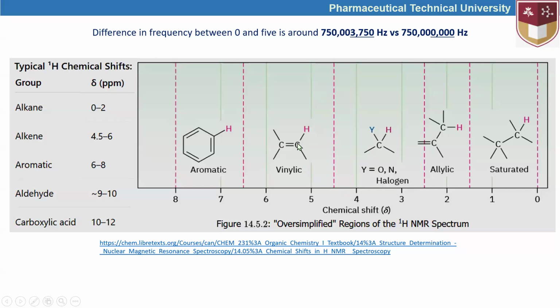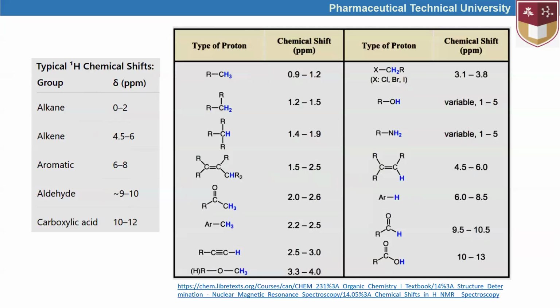Okay, the hydrogen that belongs to a vinylic functional group is located between 5 and 6. In aromatic compounds, between 6.5 to 8, as we talked about earlier, or between 6 to 7.5, as indicated in other sources. Okay, this is another good example.